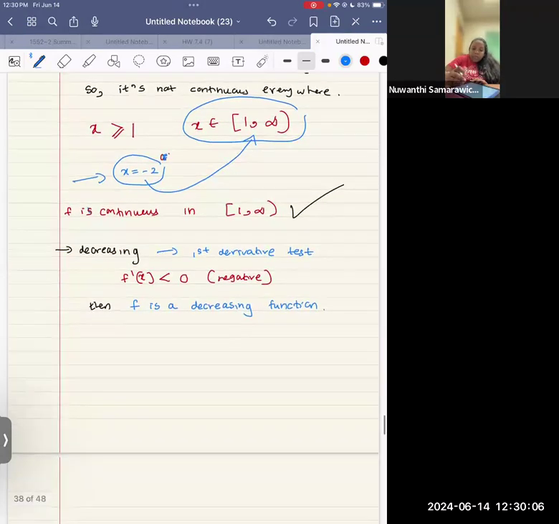Now we need to check whether our function is decreasing. f(x) is 1 over (x plus 2) squared. Can you all find the first derivative of f?